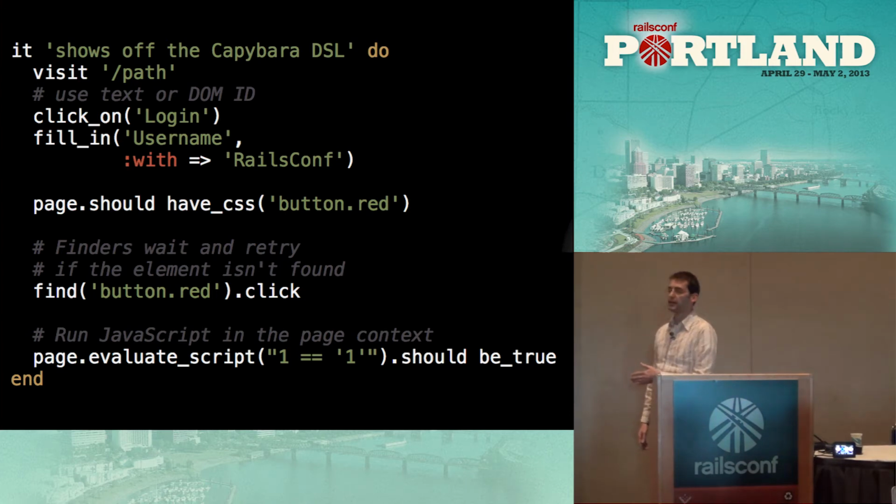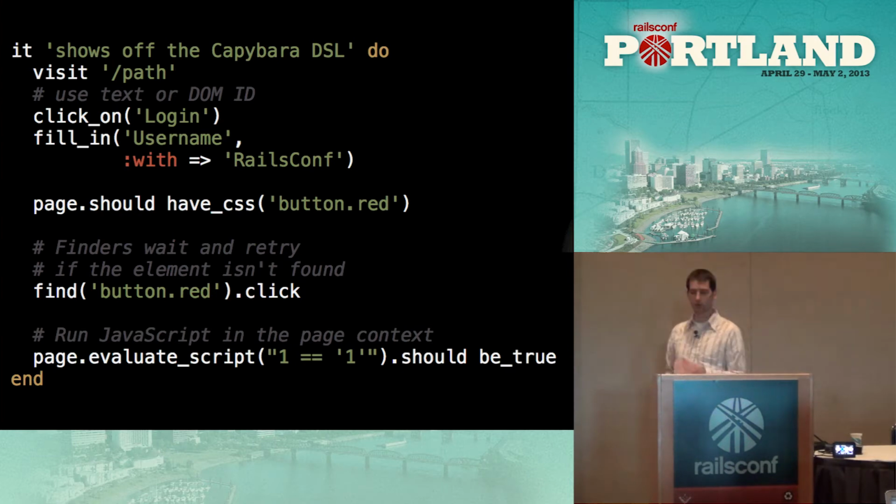What this is doing is actually retrying over and over again until this becomes true or a certain timeout is reached. And the reason that's important is because if you're using asynchronous JavaScript, your DOM is changing out from underneath you, right? So it may not be true the instant your test runs. You're clicking a link and then something is going to your server and then it's changing in the page. And so this allows you to test that kind of behavior.